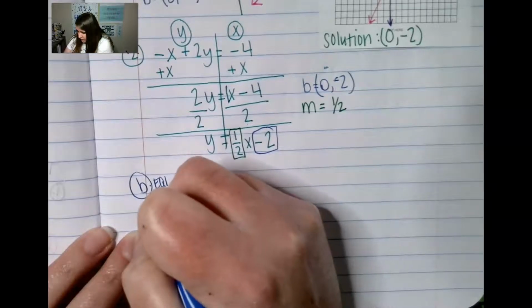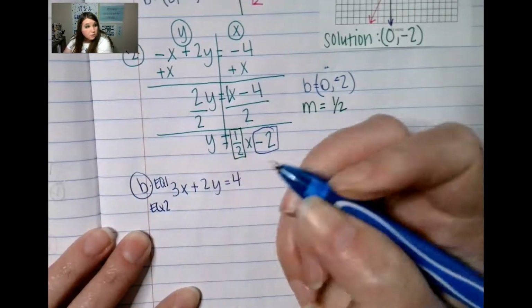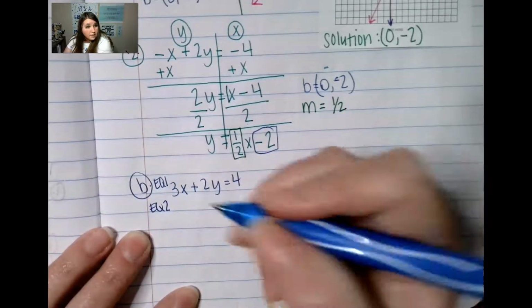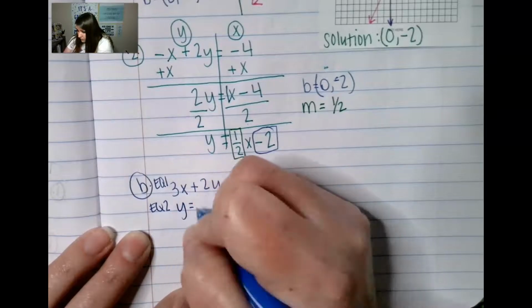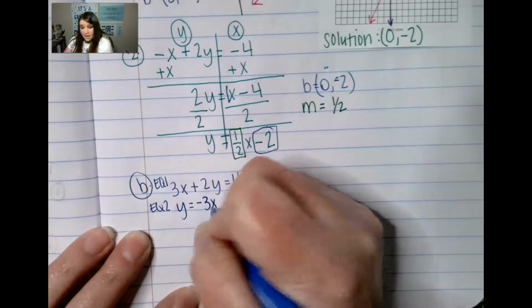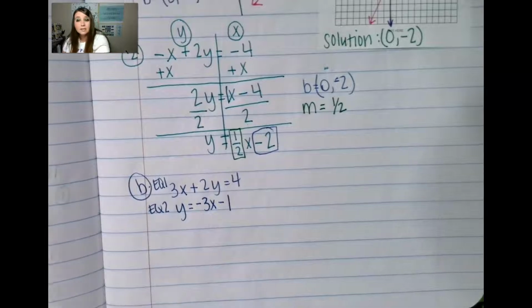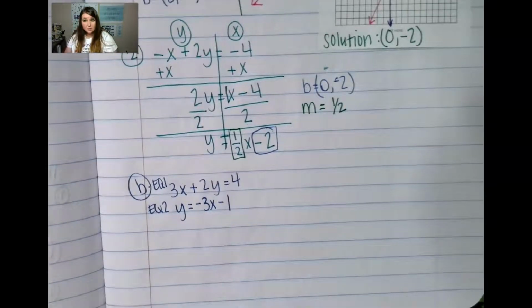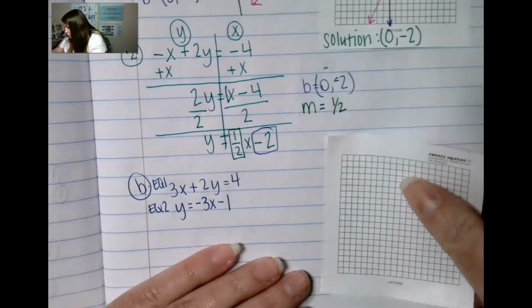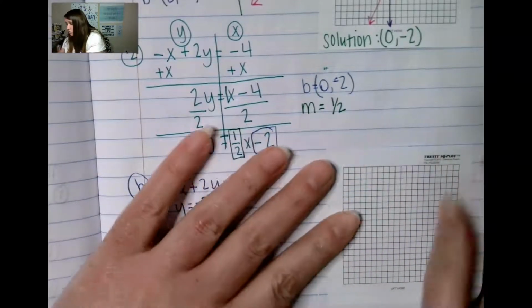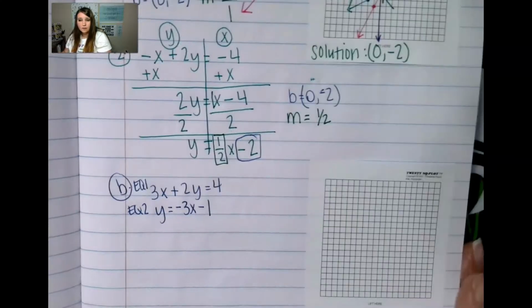And equation number 2 says y equals negative 3x minus 1. Again, we have to graph these in order to find the solution, but first they need to be in y equals mx plus b. Otherwise, we are not able to do any sort of graphing.